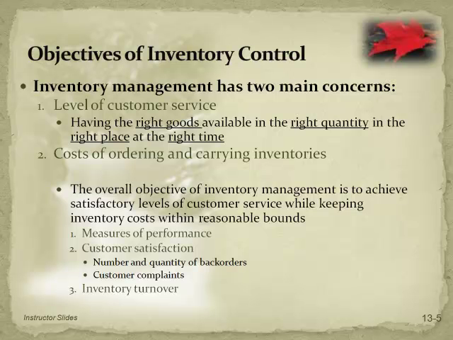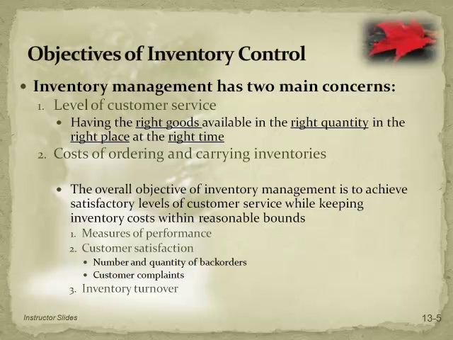Now, one of the things that your customer is going to want is, when they're ready to purchase something, for the most part, they want you to have that item available to them whenever they're ready to purchase. So having the right item, the right good, in the right quantity at the right place is a measure of customer service.